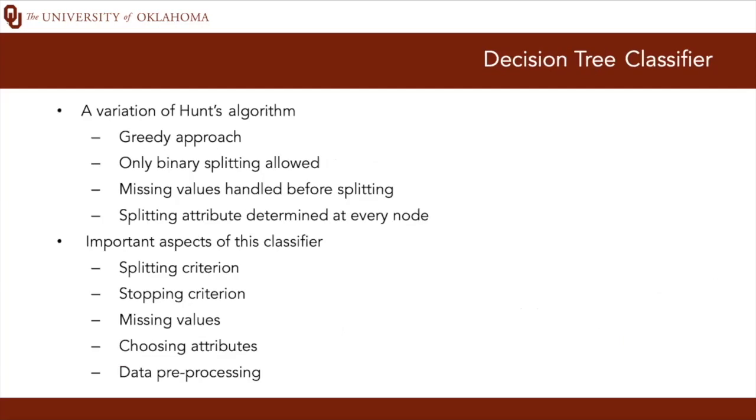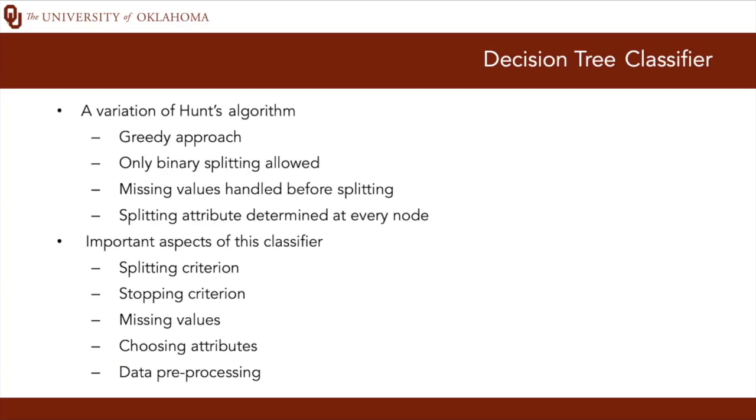This is Rafia Bushra. I did the decision tree classifier algorithm for our project. Decision tree is one of the most widely used classification algorithms in predictive modeling. We used a variation of Hunt's algorithm where we use a greedy approach, which means that when splitting a node, we pick the split that minimizes the impurity going from a parent node to a child node.